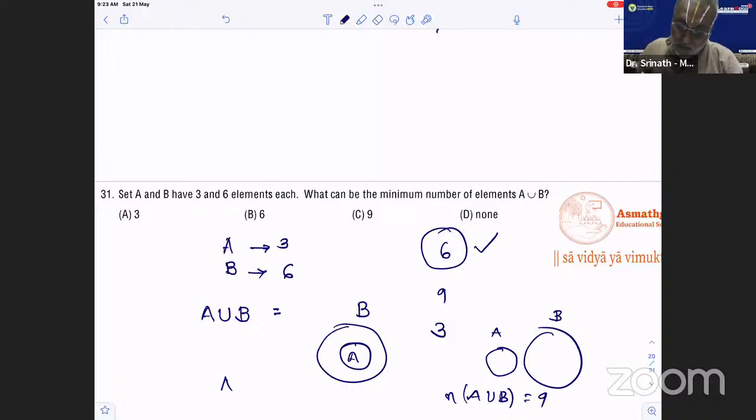So n of A union B can range from 3 to 9. So the minimum is, I'm sorry, the minimum is 3. I'm sorry, I made a mistake here. I should write it as 6 here.